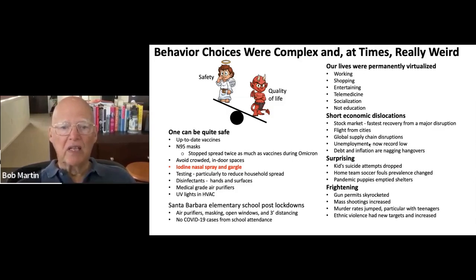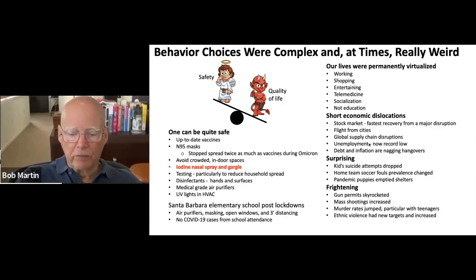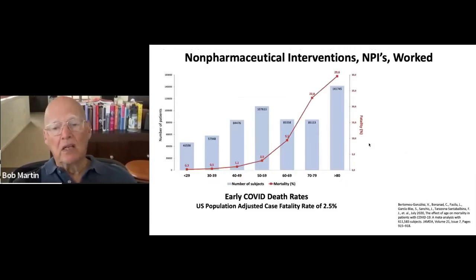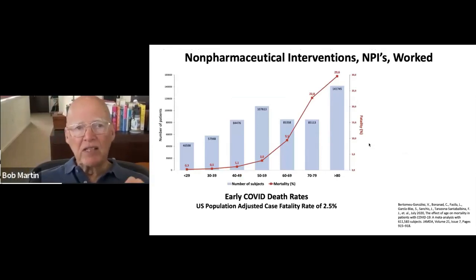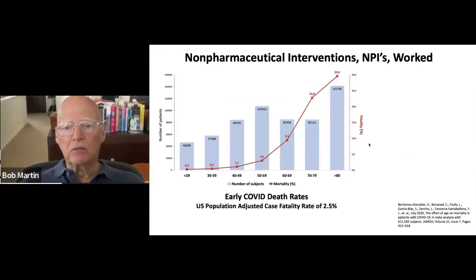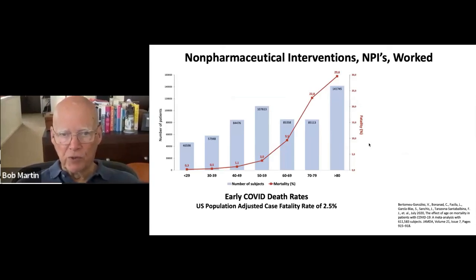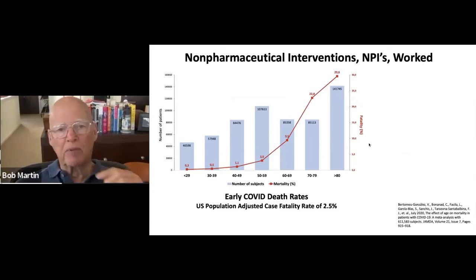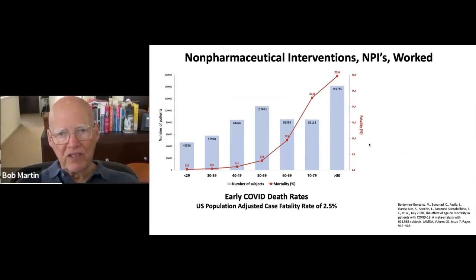Scary is violence. Violence took off. To give you an idea how powerful the non-pharmaceutical interventions are, and this is from another paper that's been accepted but not published yet, these non-pharmaceutical interventions work.